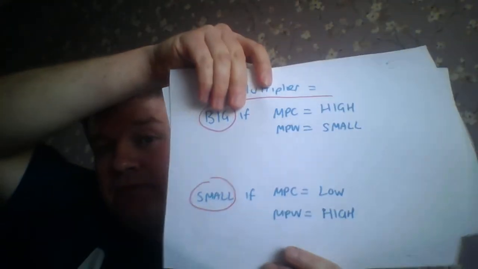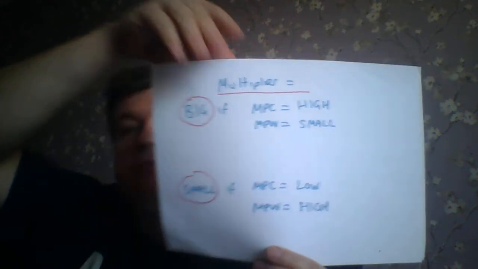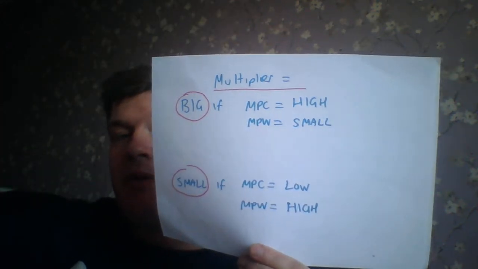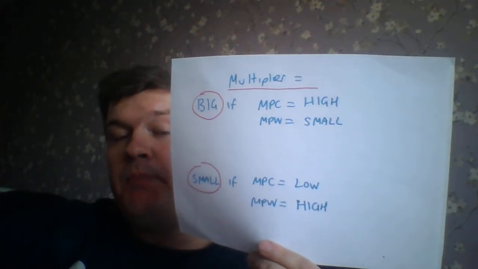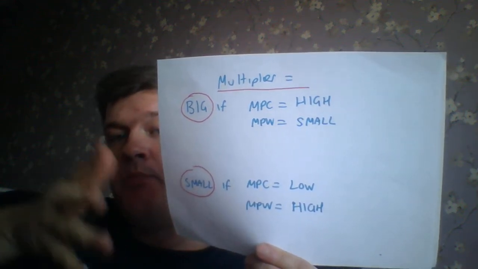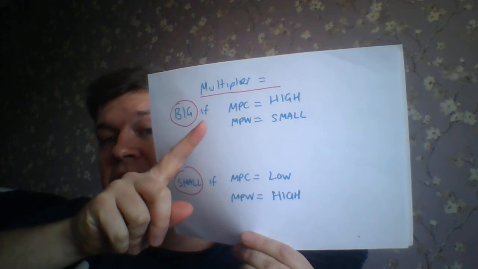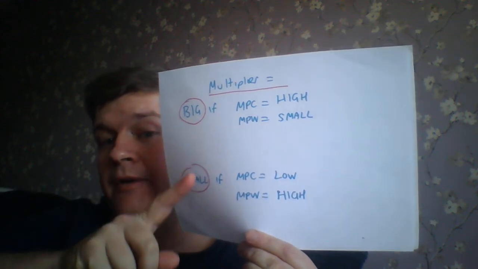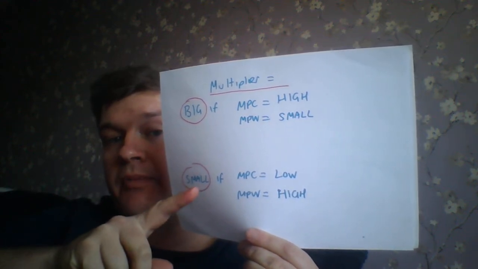Now, just to bring all this together, let's have a look at this. Now, clearly, if you're trying to promote economic growth, you want to have a big multiplier effect. So for every pound that's injected in, you're going to get a more significant increase in GDP you would do with a big multiplier than you would do with a small multiplier.